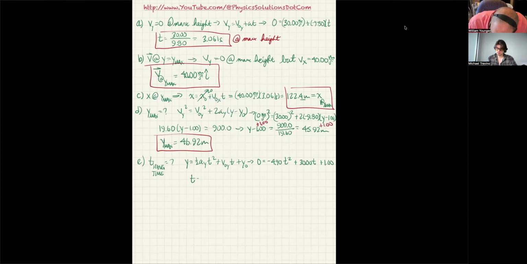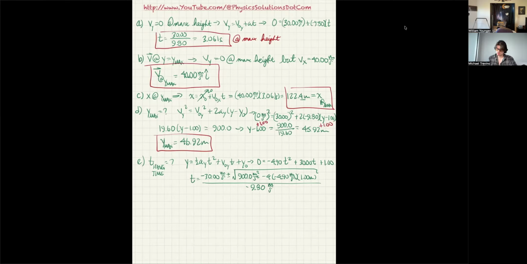And that gives me t is equal to negative 30.00 meters per second plus or minus the square root of 900.0 meters squared per second squared minus 4 times a, which is negative 4.90. I should go ahead and say that's meters per second times 1.00 meters, and then all of this would be divided by negative 9.80 meters per second.